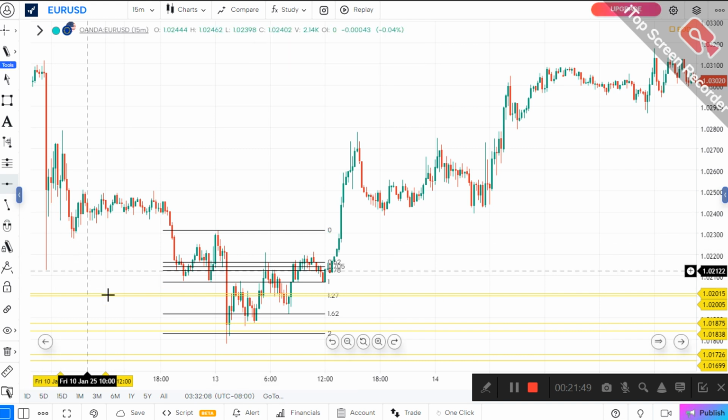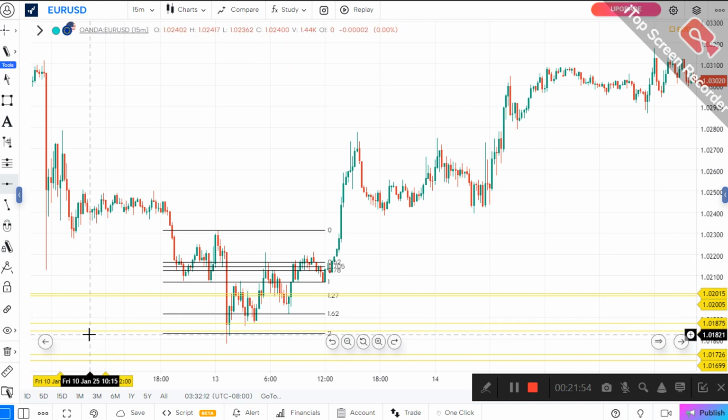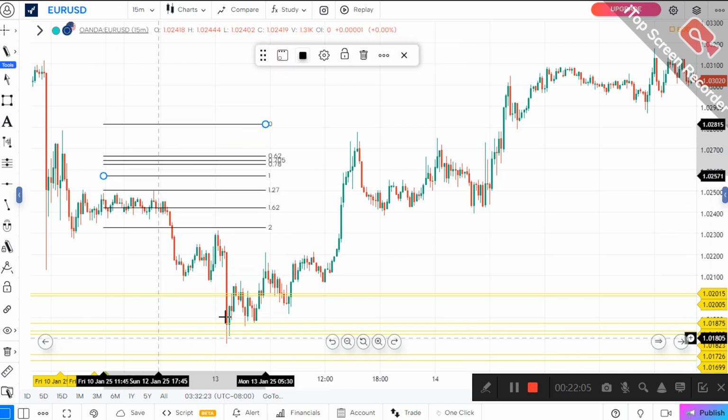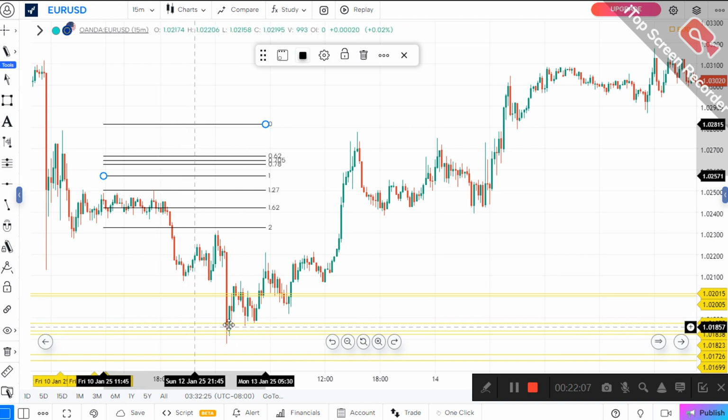I again mark the last one. This is too close. This is the perfect line because when we want a more accurate result, this must be strong because it's three lines in one.